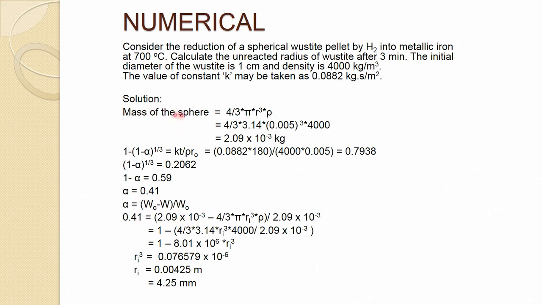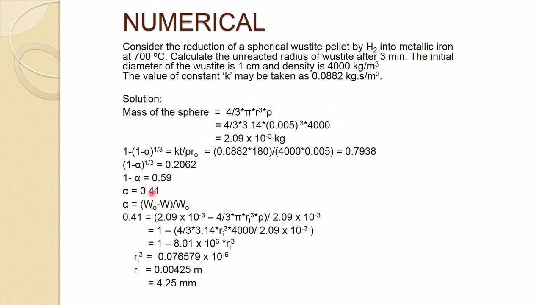We know the initial weight or mass of the particle minus 4 by 3 pi r I cube, where r I is the instantaneous radius, the radius at that time, which here is 3 minutes after, times rho, divided by W naught, the initial weight of the pellet. After some manipulation, that gives you 1 minus 8.01 into 10 to the power 6 r I cube.